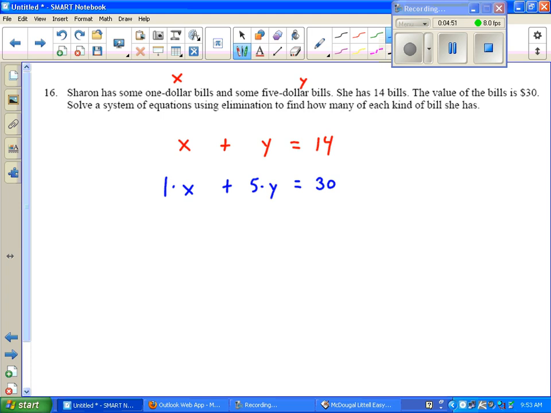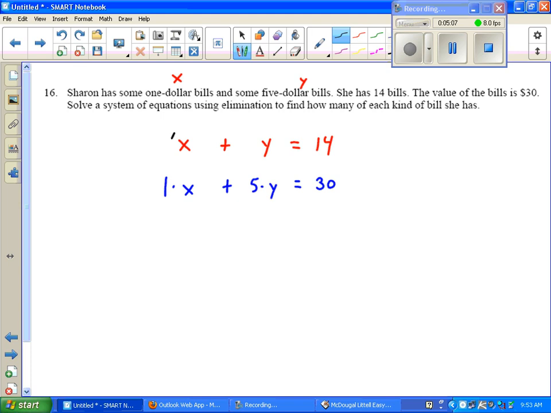Now you can use either method you'd like for this. We have x on top of x, or 1x on top of 1x. So it's probably easiest to use elimination or combination, as we would call it. But we need to make one of them an opposite term.